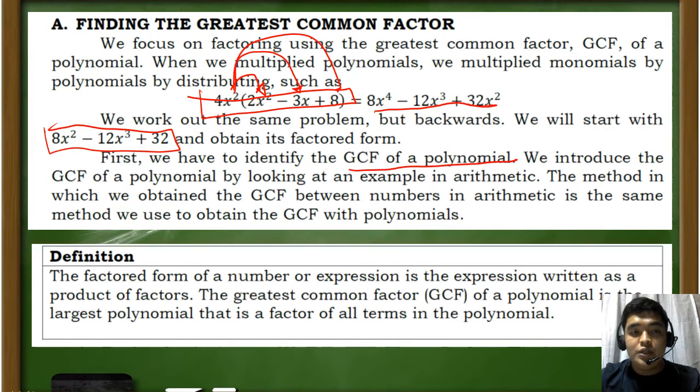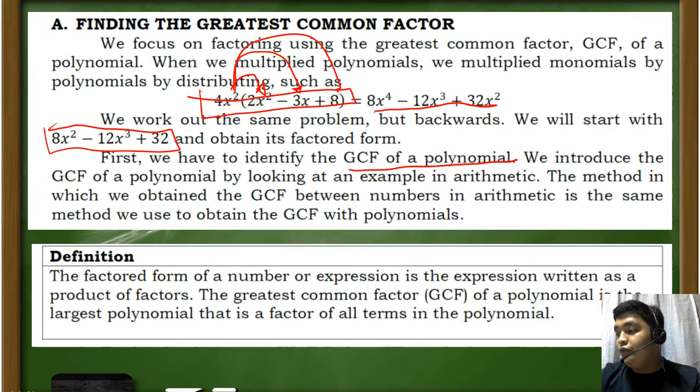We introduce the GCF of a polynomial by looking at an example in arithmetic. The method in which we obtain the GCF between numbers in arithmetic is the same method we use to obtain the GCF with polynomials.